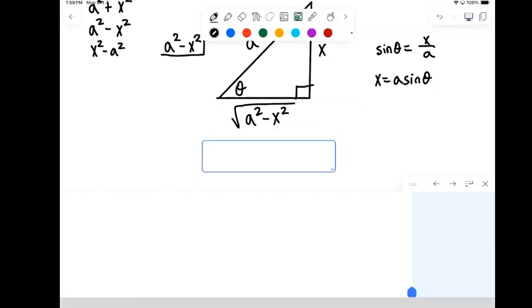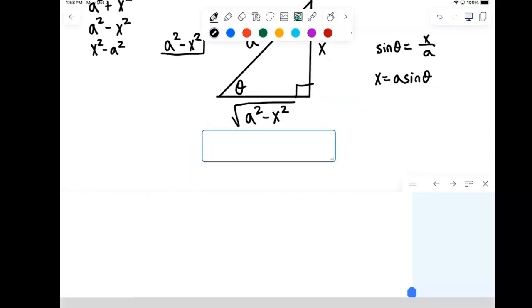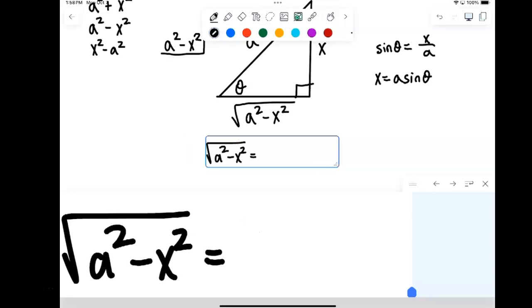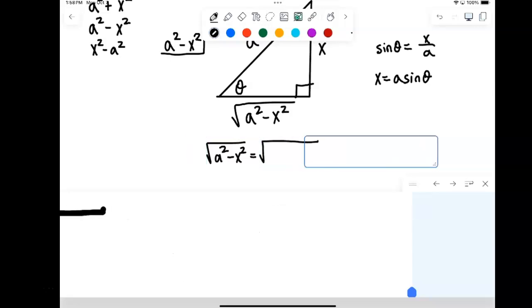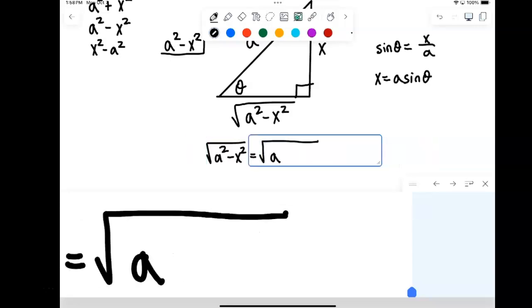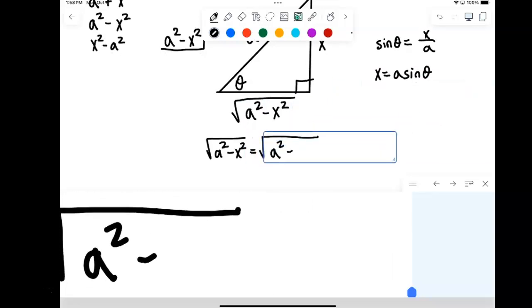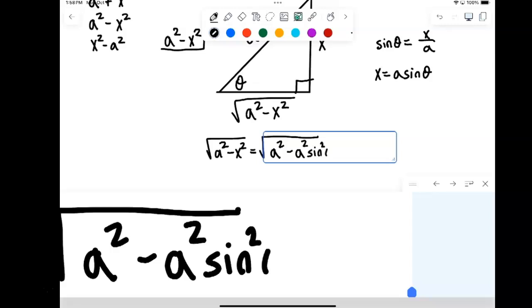So that means this third side of the triangle, the square root of a squared minus x squared, can actually be written as the square root of a squared minus a squared sine squared theta.